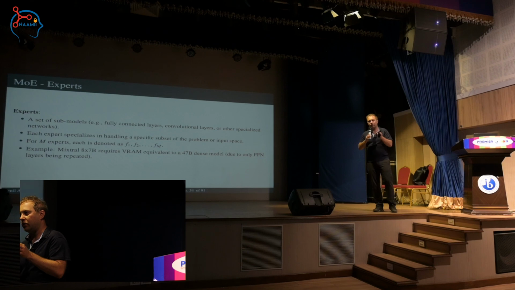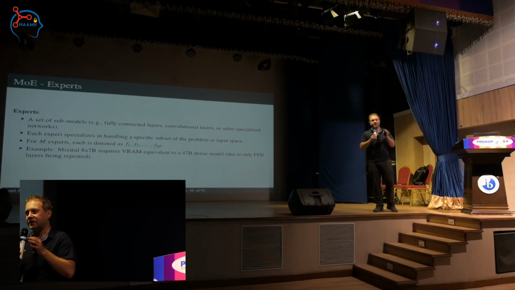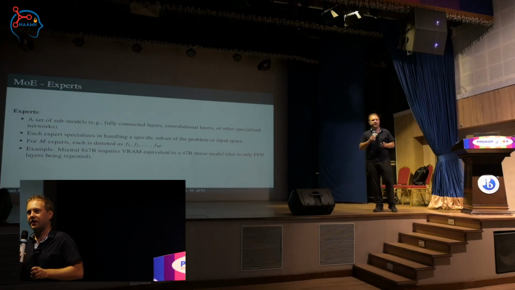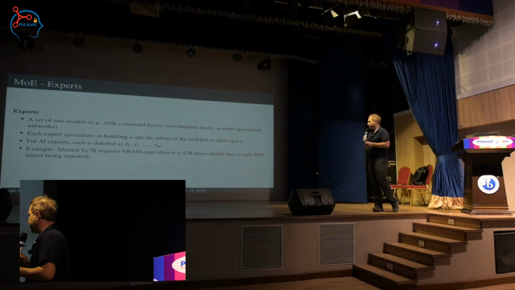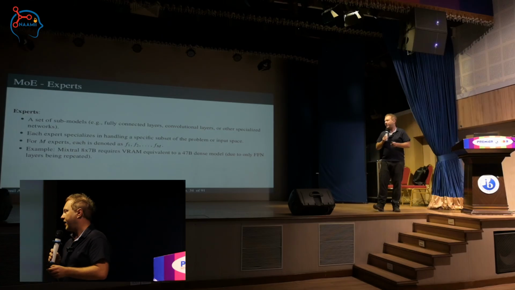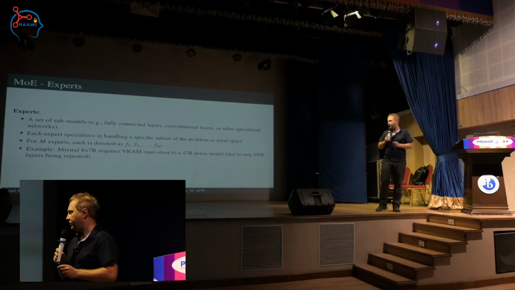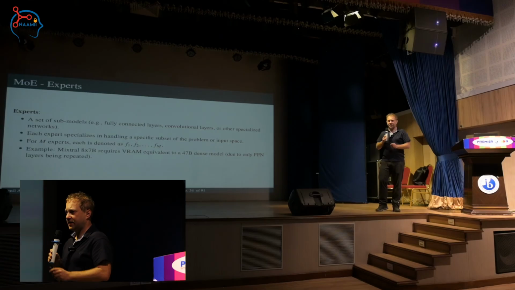In practice, we don't have completely separate transformers. This is one model that consists of several sub-elements, which are the feed-forward networks. As a result, we have only 47 billion parameters instead of 56.